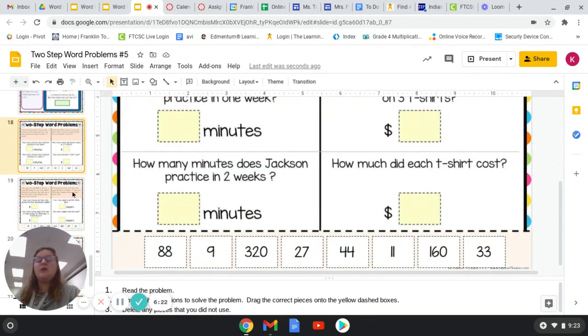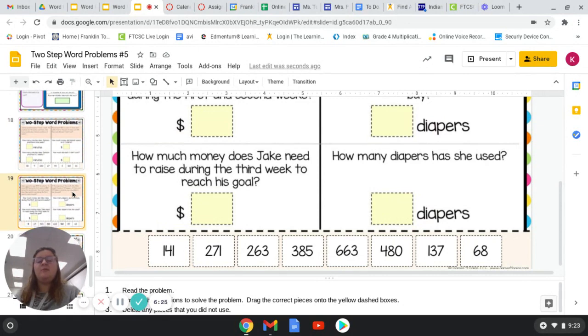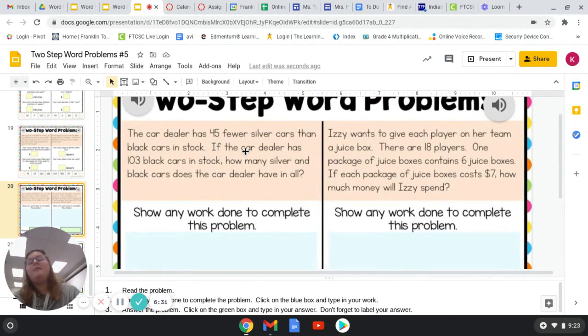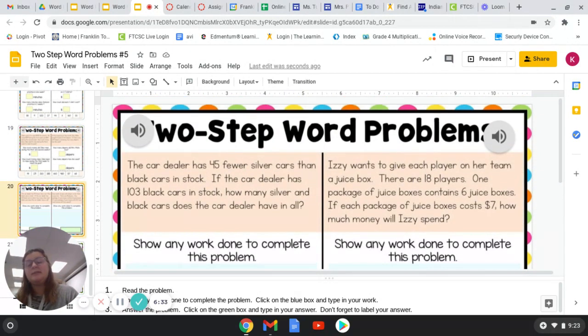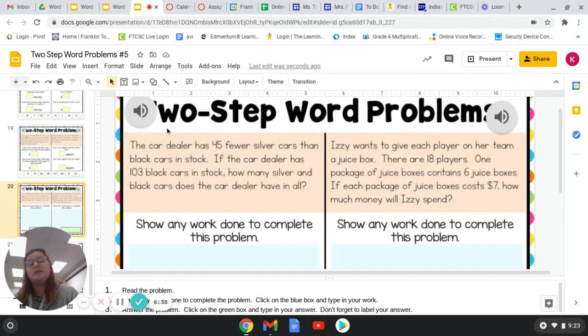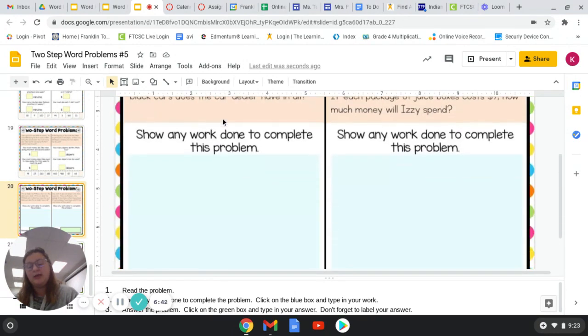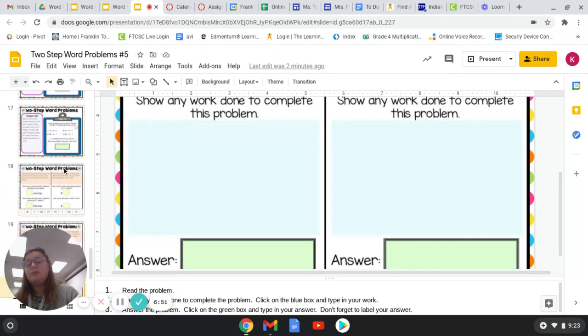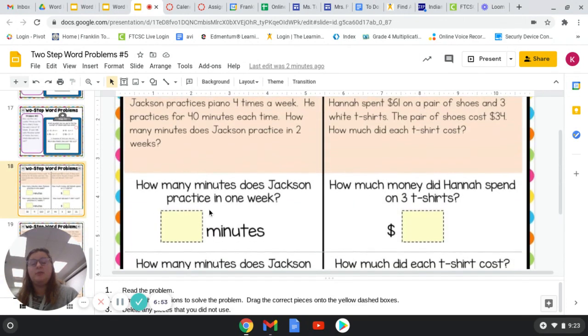I'm going to do an example problem of one that looks like this, but I do want to go over it very quickly. These are your last two questions. The audio is in the top left corner or the top right corner, depending on what question you're working on. And then you are simply writing the equations yourself. But I do want to go through and do an example problem.